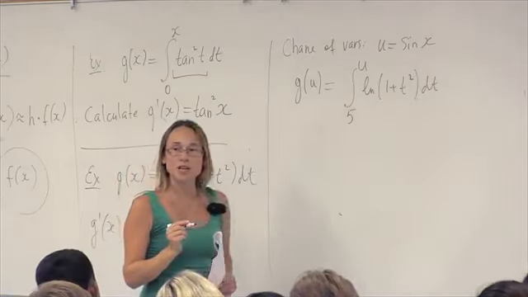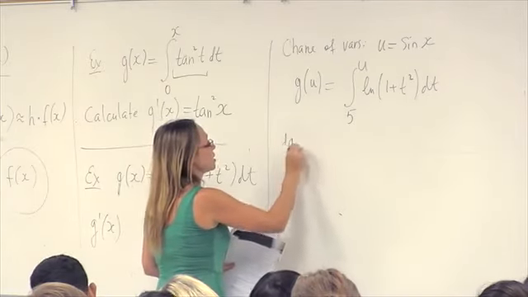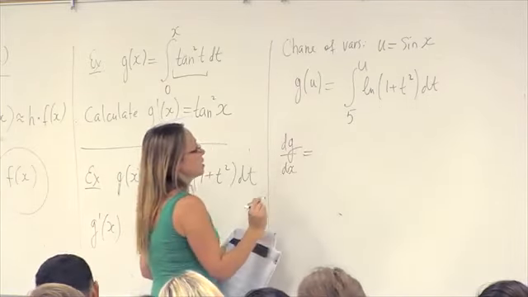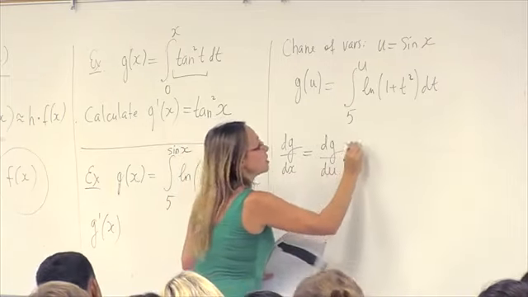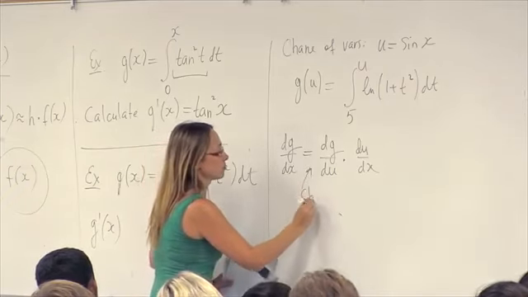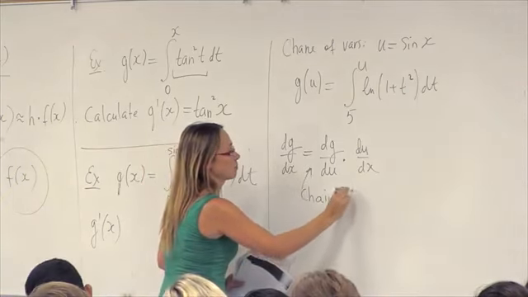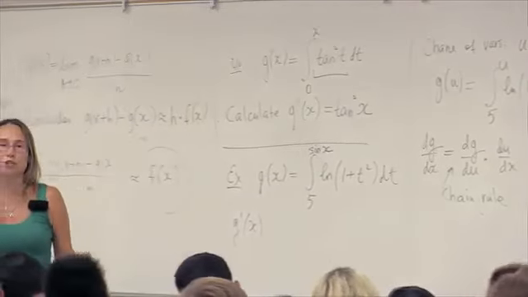And now I can apply the chain rule to calculate the derivative of g with respect to x. dg dx is now dg du times du dx. You recognize this as the chain rule. By the way, now is a good time to review the chain rule.